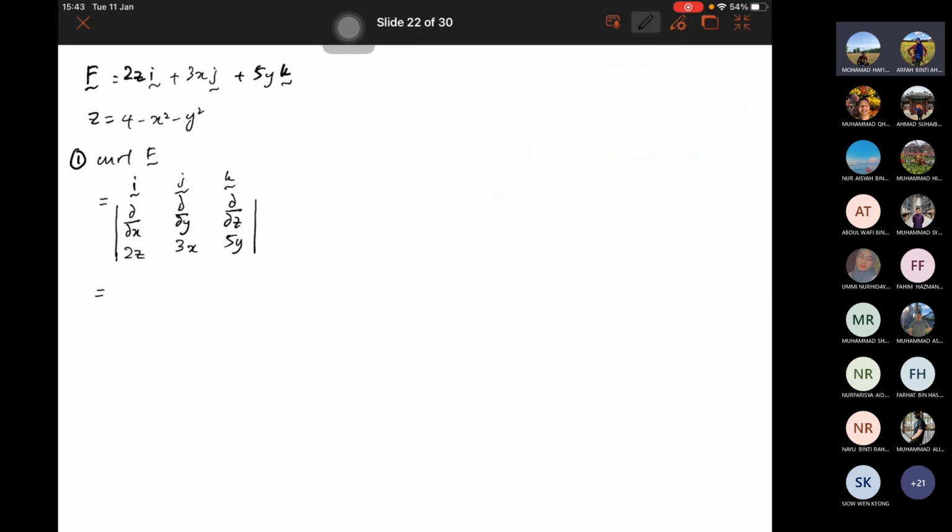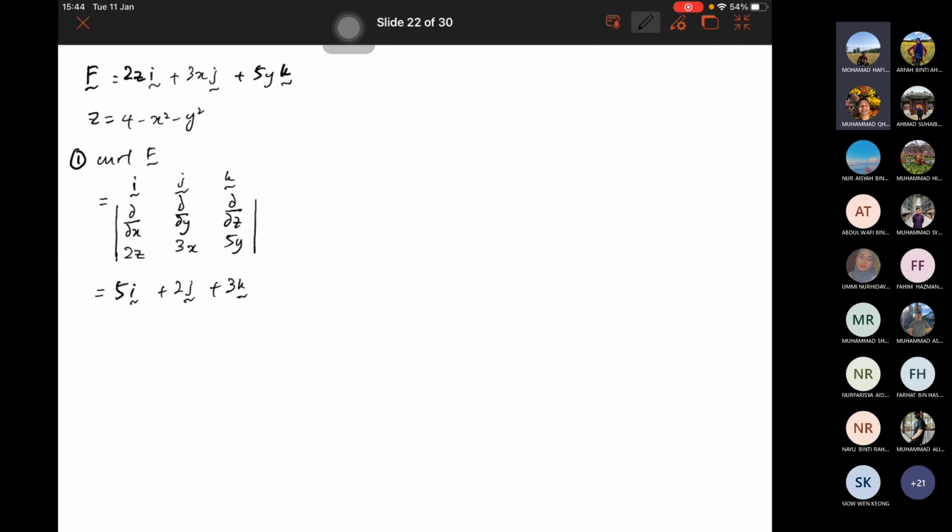So you are going to have for this one, ianya akan sama dengan, dapat berapa? Anyone? Bagi saya jawapan. 5i, 2j campur 3k. Okay, 5i tambah 2j tambah 3k.